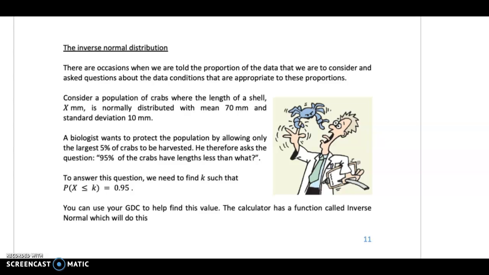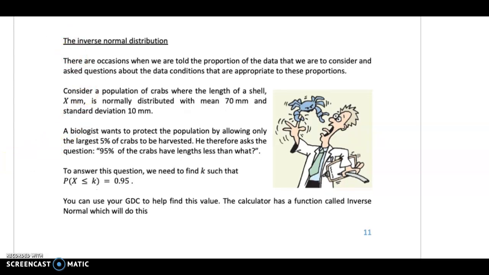Okay, in this video, what we're going to do is the inverse normal distribution. The way this one works is the following. There are occasions when we're told a proportion of the data.